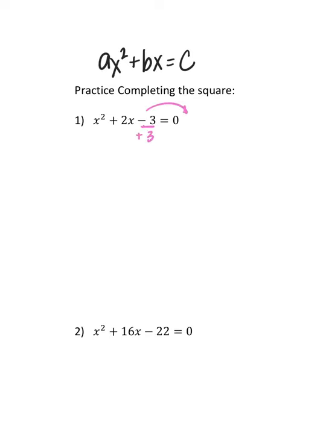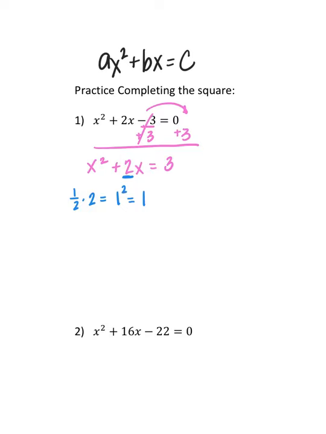So we're going to add it to both sides and rewrite x squared plus 2x equals 3. Now I'm going to take half of b. In this case 2 is b, so I'm going to take 1/2 times 2, which equals 1. And I'm going to square it, and it equals 1.